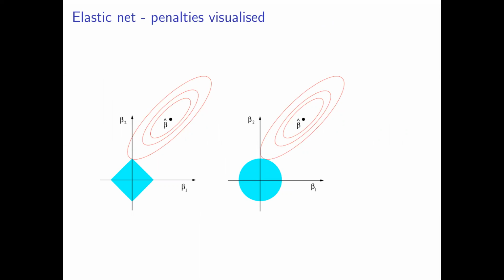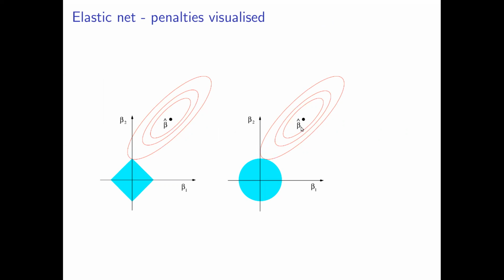What's the advantage? The advantage now is that we are not suffering from the problem that the ridge coefficients will not become exactly 0, but we are obtaining partially this advantageous property of the lasso that we can really shrink down to exactly 0.